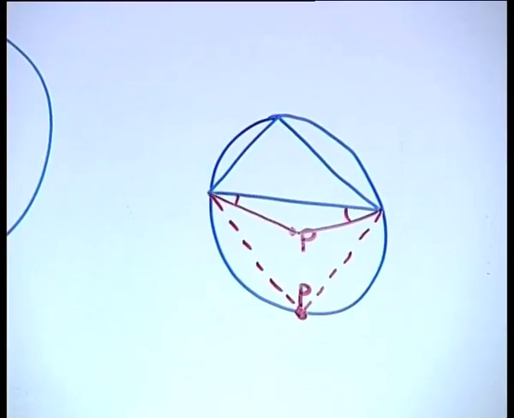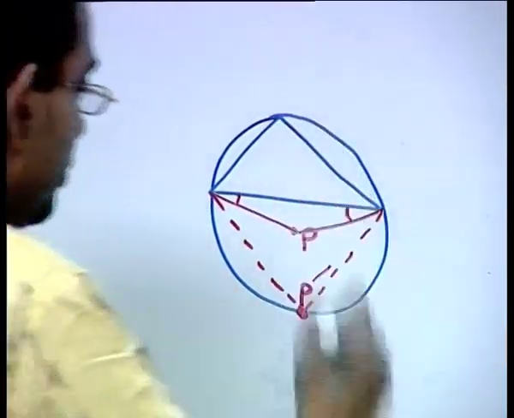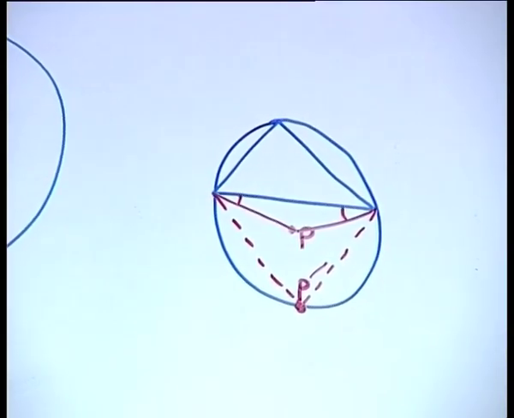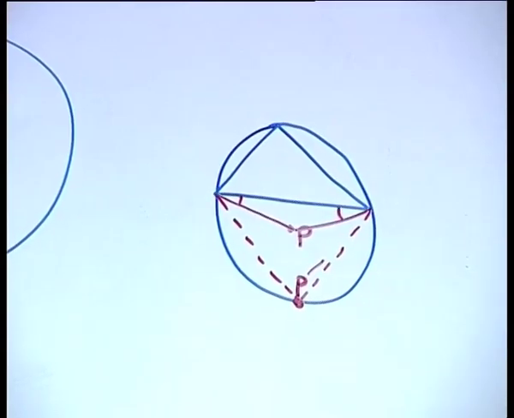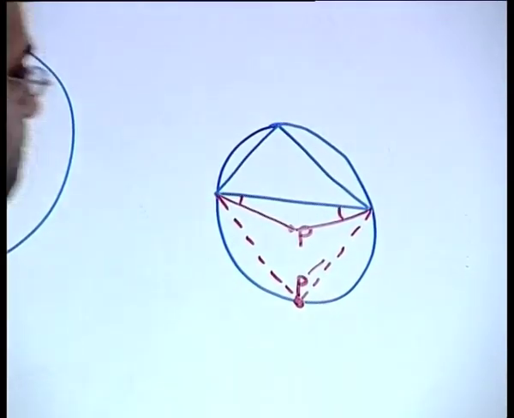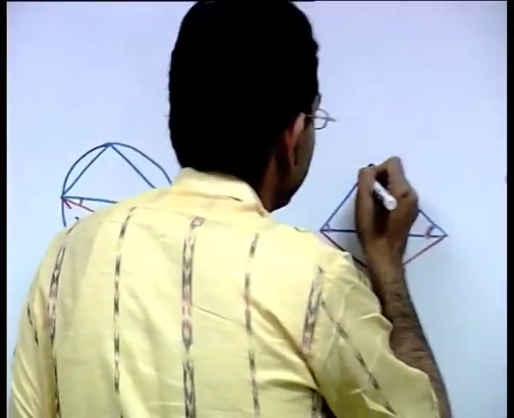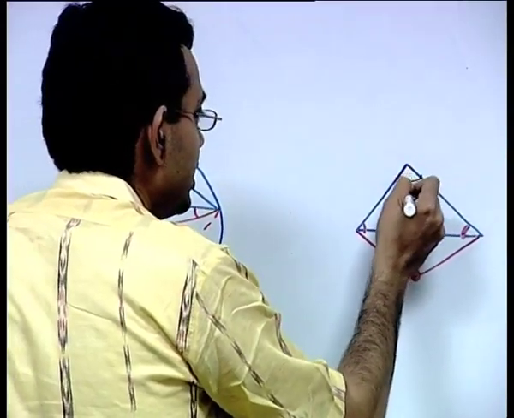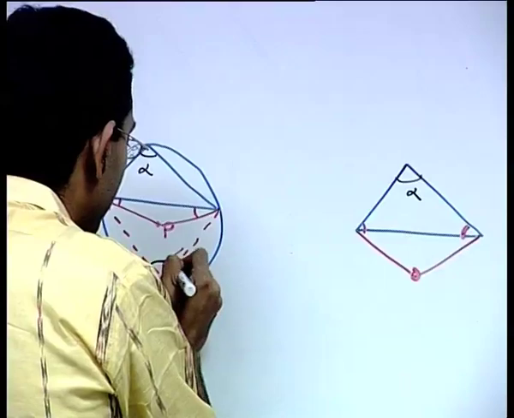If it is located there, let us call it P prime. Now let us say that we have certain angles. Let us call this angle alpha, which is this angle in the figure, and this angle beta.